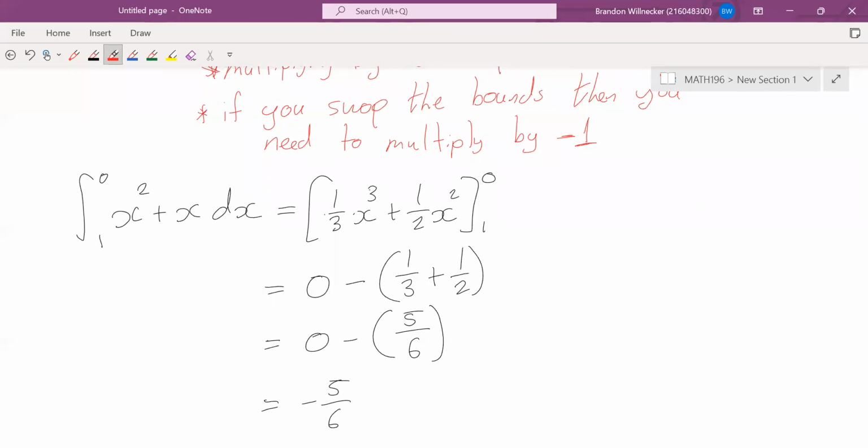But what I noticed with some of your tests, for test 1 and test 2, this minus sign over here, a lot of you forgot to distribute the minus sign.